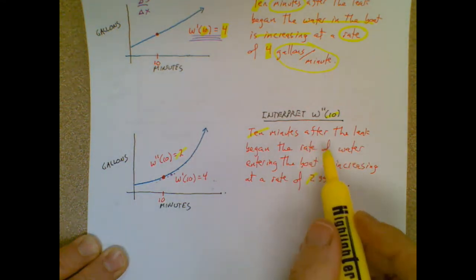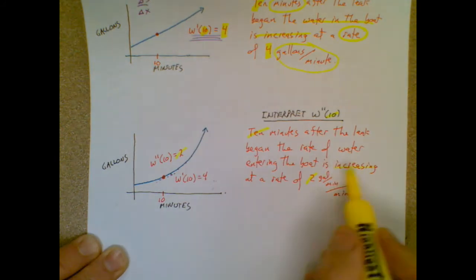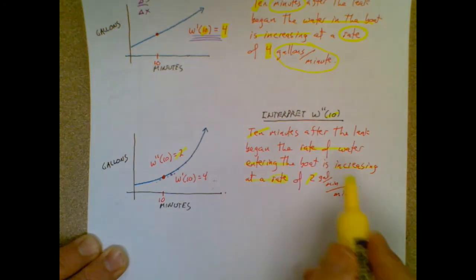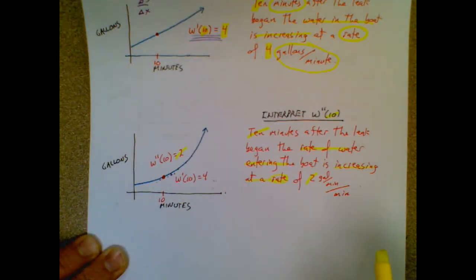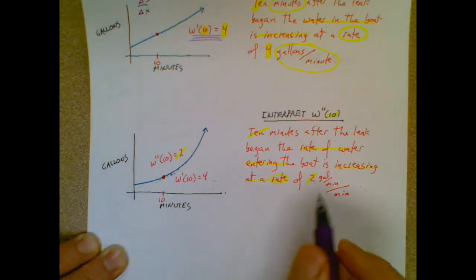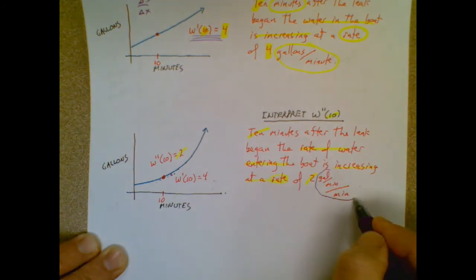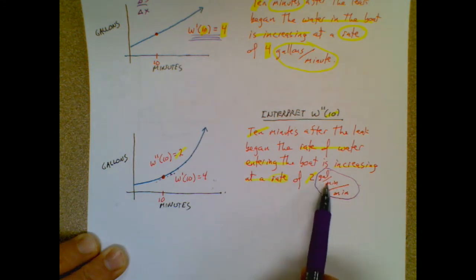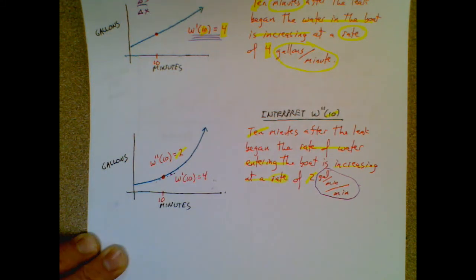So we're talking about an increasing rate of the rate of water entering the boat. And finally, I need some units on here, and we're going to show these a little better in the next example, but since the rate on the derivative was gallons per minute, the rate on the second derivative is gallons per minute per minute. Those of you in physics have been down this road before.